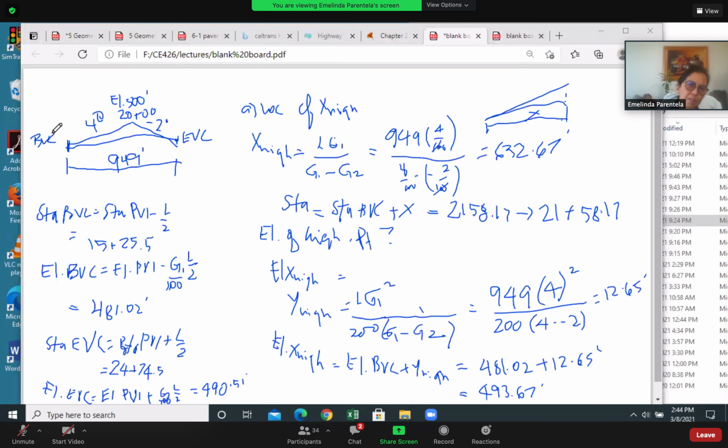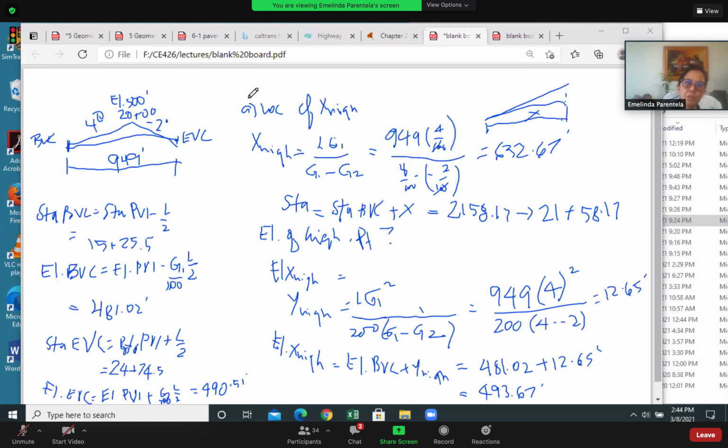So what have we done here? After establishing our BVC, EVC, and the length of curve, we determined the location of the highest point using this equation. And we said that it's 632.67, which means the highest point is somewhere here, right?